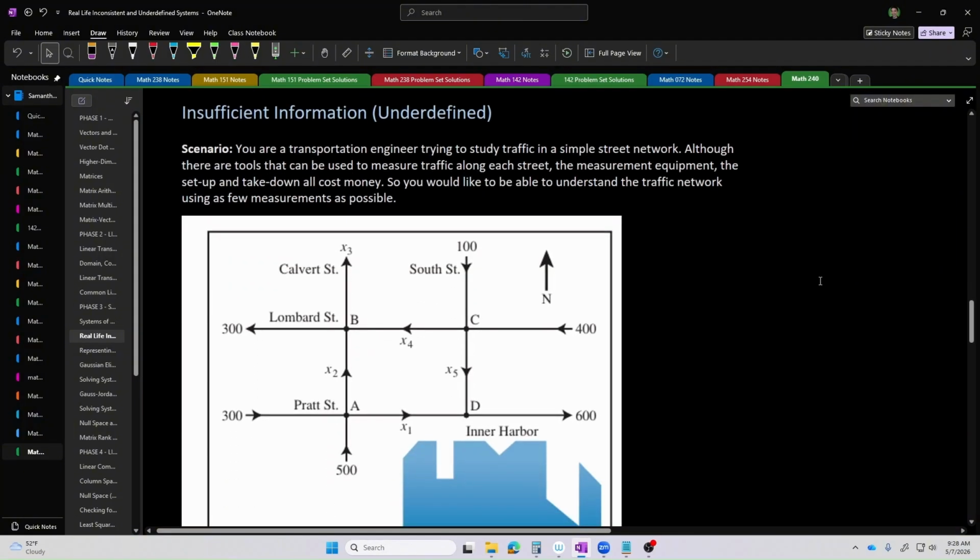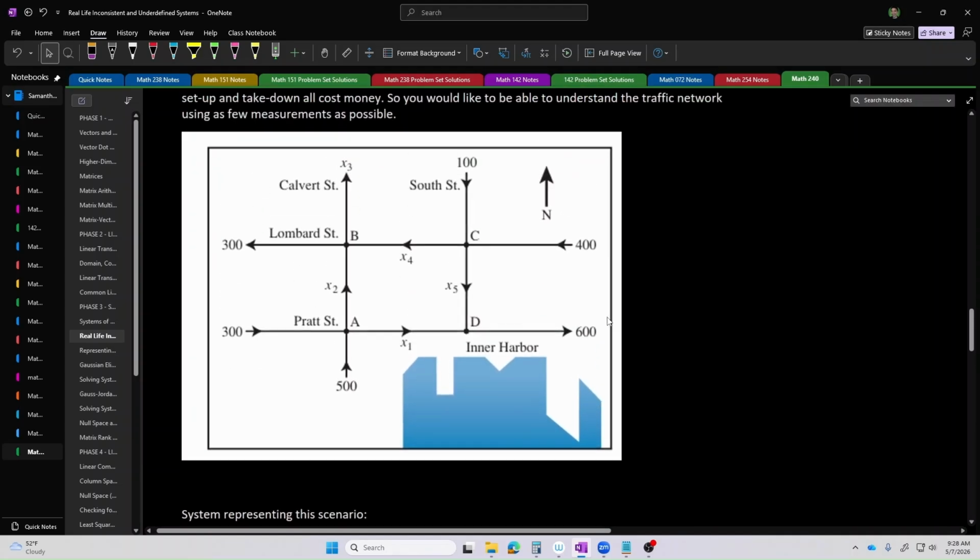Another real-world scenario that gives rise to an underdefined system is when you're setting up a system, but you don't have enough information to solve for all the variables in the system. So, for example, maybe you're a transportation engineer and you're trying to study the traffic in a simple street network, like the one represented on this picture.